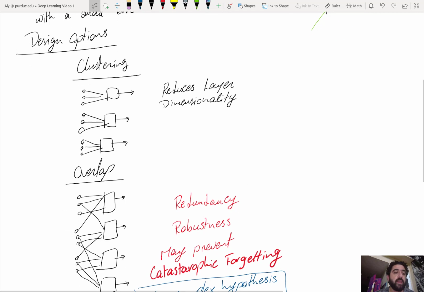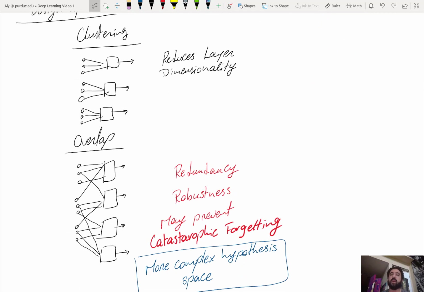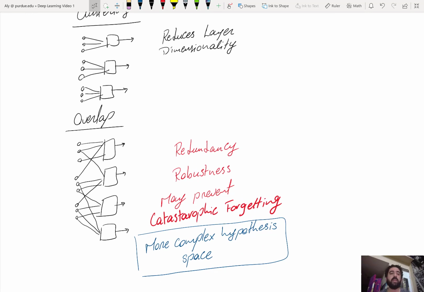Another option is, and you could always have a mix of these 2 options, to have overlap, meaning that one unit in the layer before Maxout can be connected to more than one Maxout unit, right? That adds redundancy between the Maxout units, and this can be very useful.